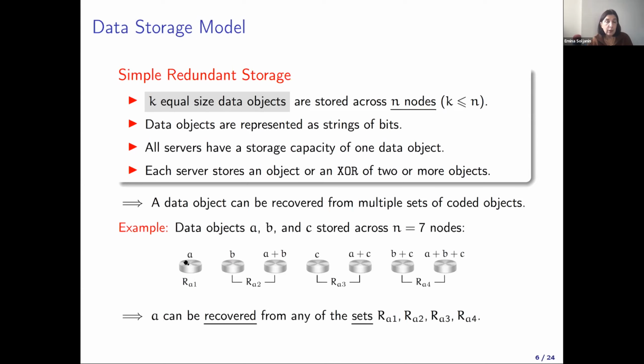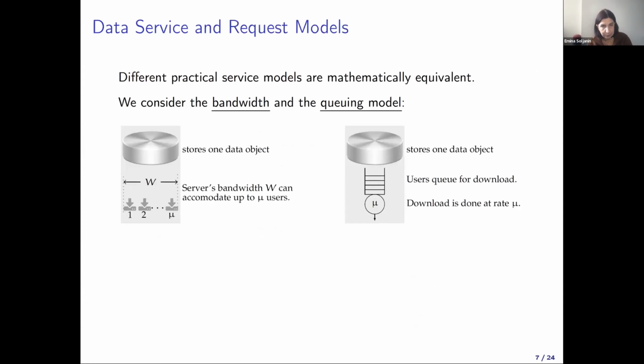A way that you can recover A is by getting it from a server that stores that content by itself, or downloading B and A plus B and XORing them back to get A. And you can continue with that. These sets are what we call recovery groups for A, which we're going to define shortly.